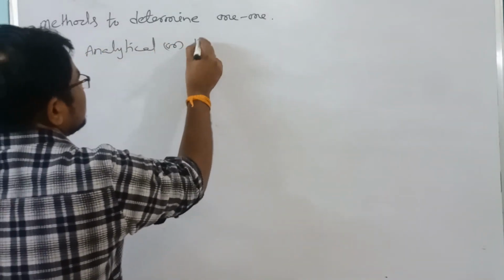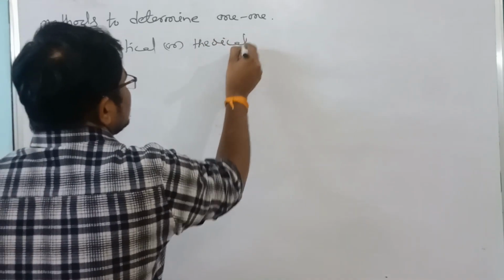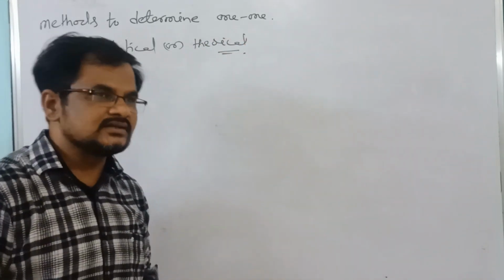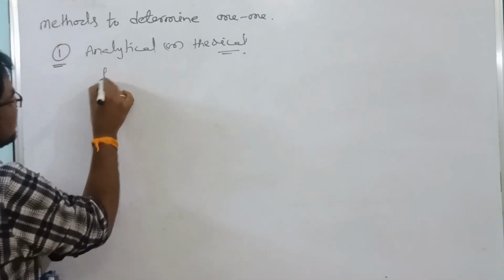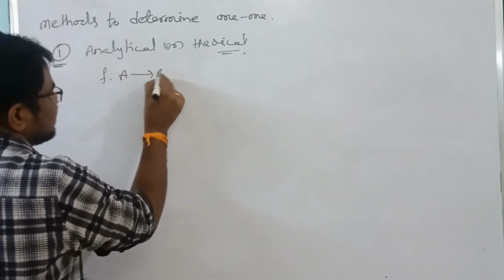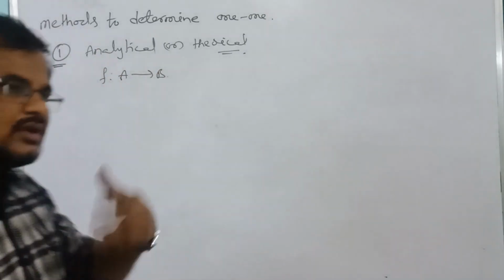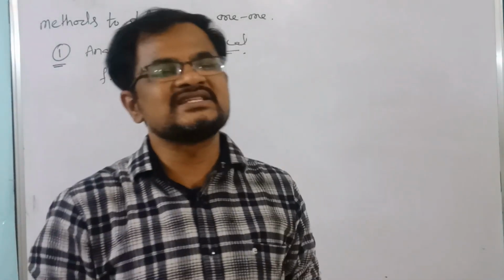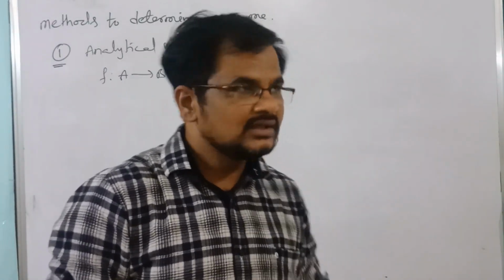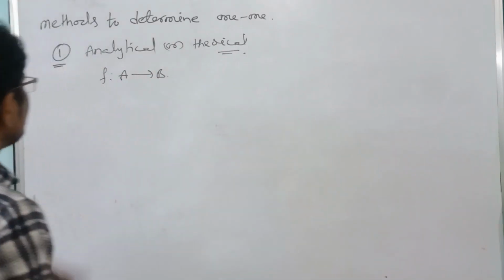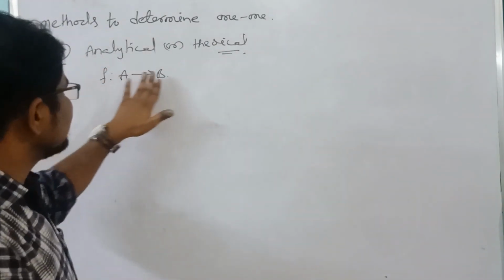To check whether a given function is 1-1 or not, we have some methods. The first one is the analytical method, also called the theoretical method.